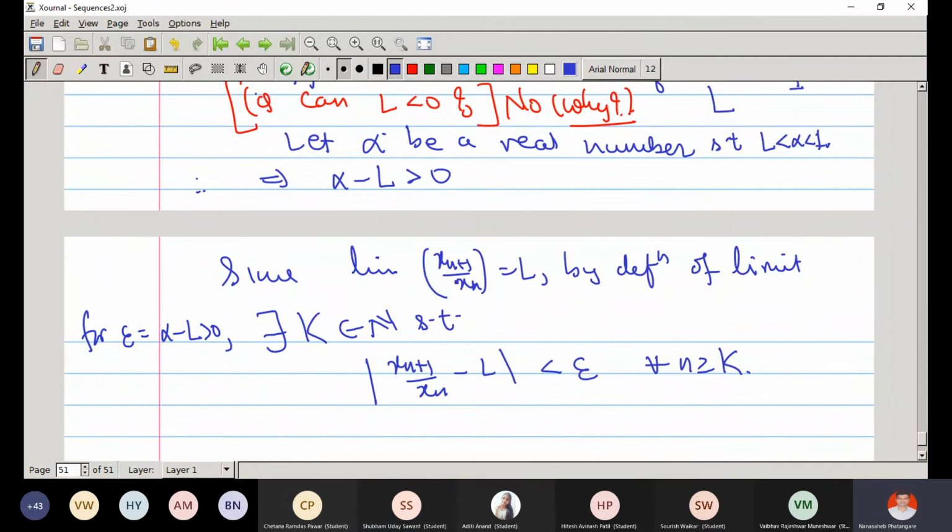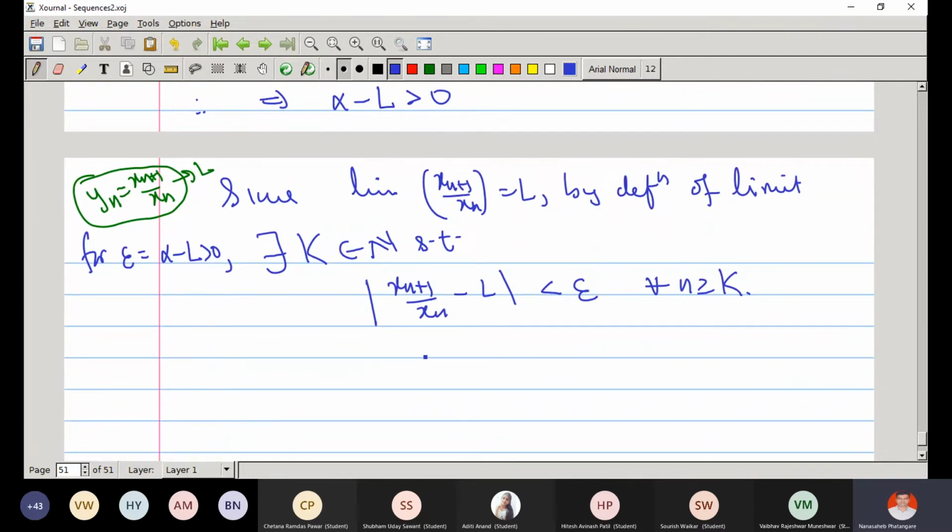Or if you want to be more comfortable, you can say yn is equal to xn plus 1 upon xn, a new sequence, and then limit of yn is L, and you apply definition to yn. That could be another way, but xn plus 1 upon xn itself is a sequence, right?